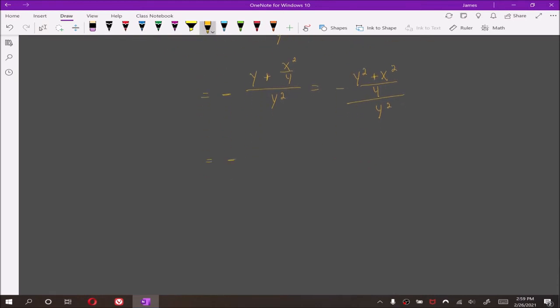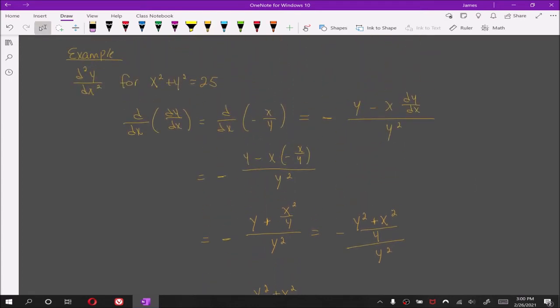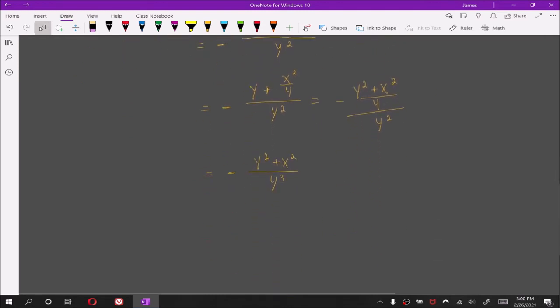So what we have is negative y squared plus x squared over y cubed. There's still one more simplification we can make. Remember, x squared plus y squared is 25. So this is negative 25 over y cubed. And this would be the second derivative with respect to x.